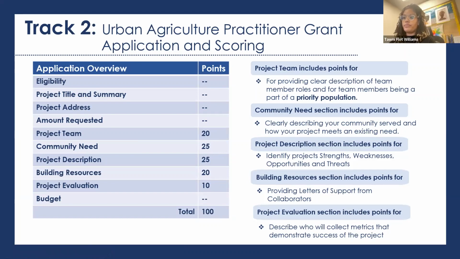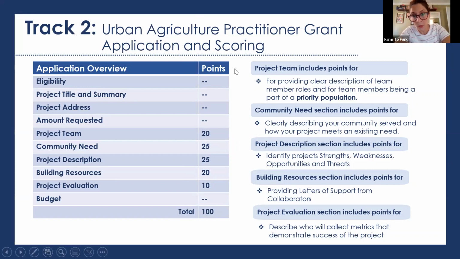So definitely, the keyword is clearly describing your community served. The operative word, clearly: the clearer you can be in providing descriptions, the easier it will be for the external reviewers, who are not connected to designing the grant or anything. They're going to be external volunteers, and they'll be able to say, yep, this is clearly describing the community served. Yep, we see how this project is meeting an existing need. And that's 25 points out of 100.